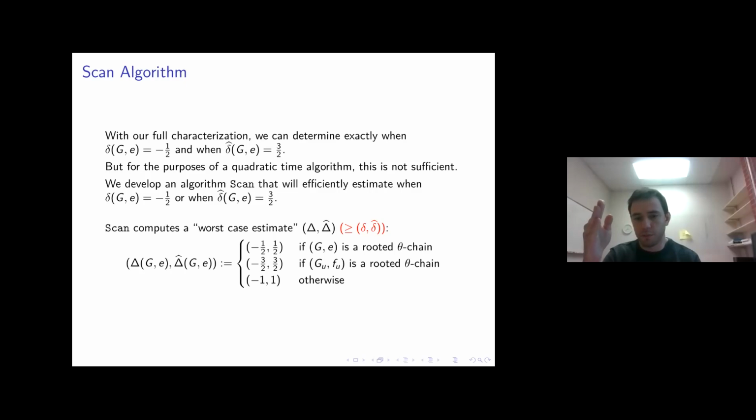If GU FU, recall that GU FU is obtained from G minus C, suppressing U, then it's -3/2, 3/2, and otherwise it's -1, 1. And this is delta GE when G minus C is 2 connected, I should say. Identifying these graphs can be done in linear time.